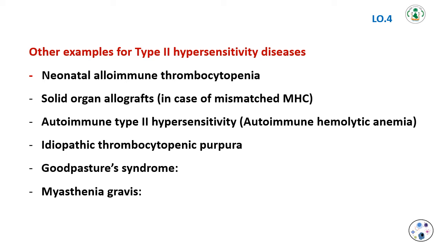Transplant of an organ or tissue from one individual to another of the same species with a different genotype, not an identical twin. Solid organ allograft in case of mismatched MHC. Autoimmune type 2 hypersensitivity: autoimmune hemolytic anemia.